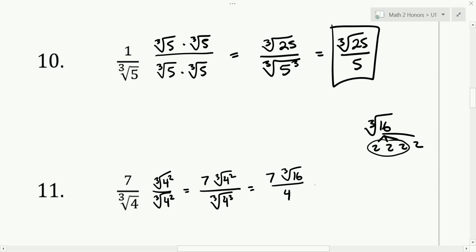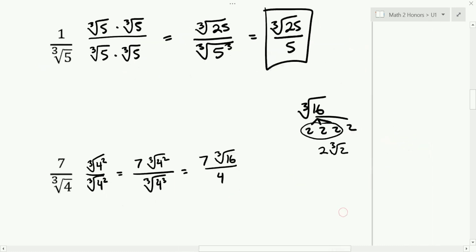And so this is going to really end up being 2 cube root of 2. So we got to keep working here. You get 7 times 2 cube root of 2 over 4. And you multiply 7 and 2, and you get 14 cube root of 2 over 4.